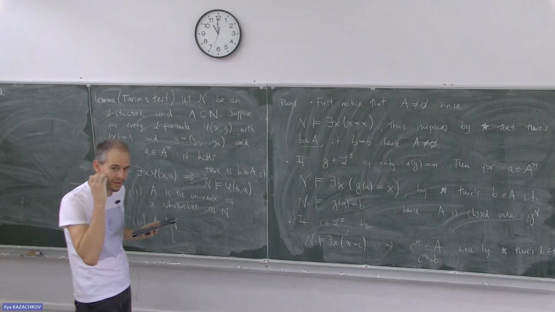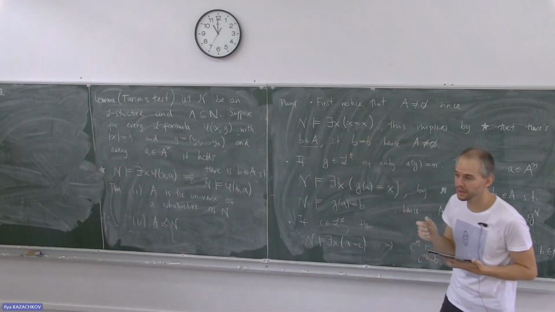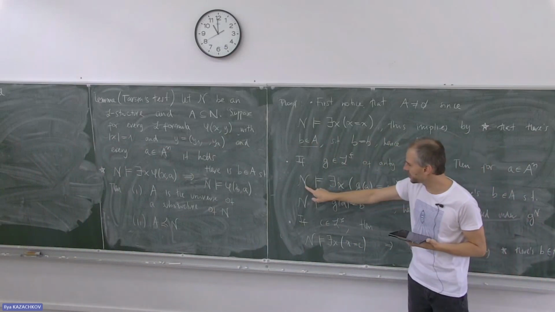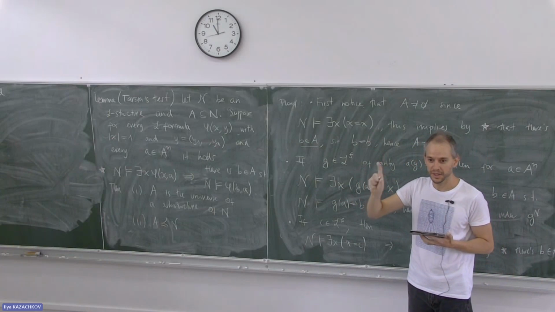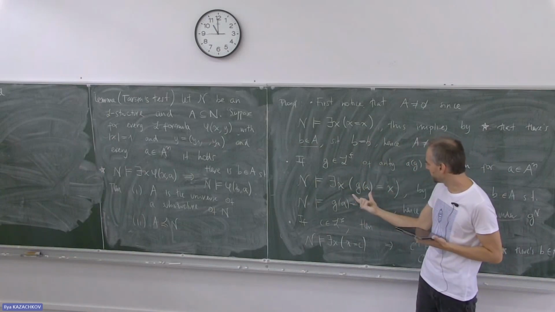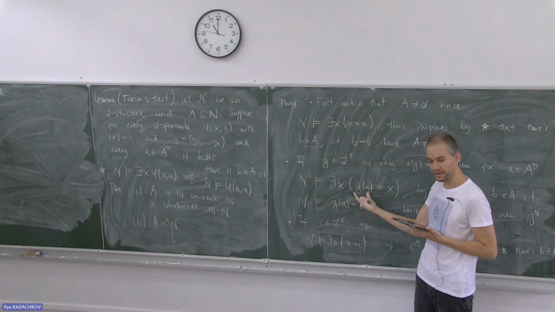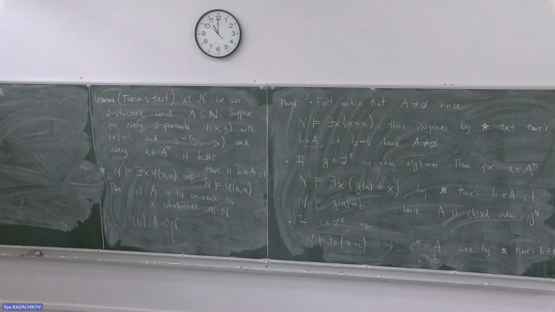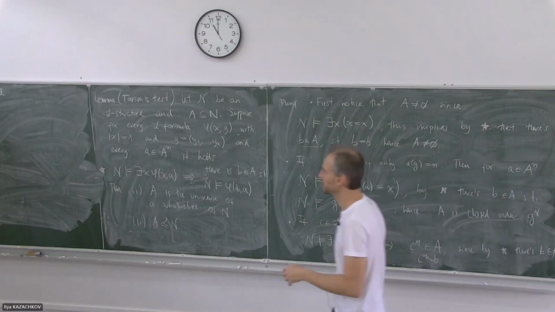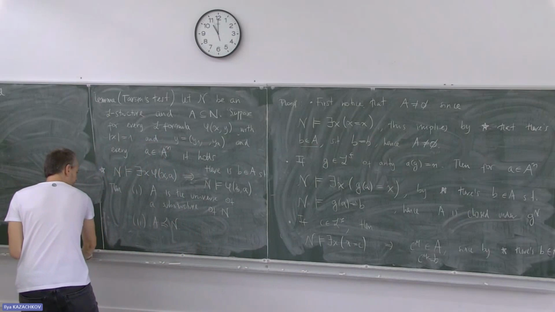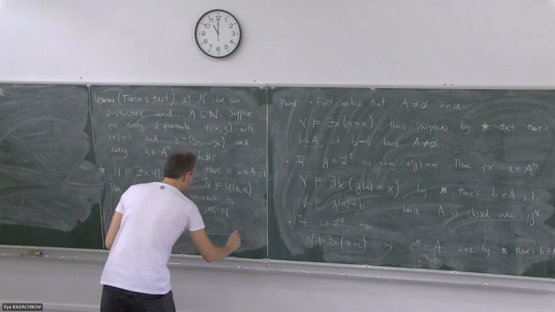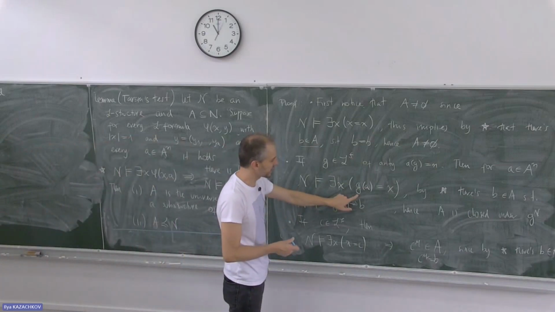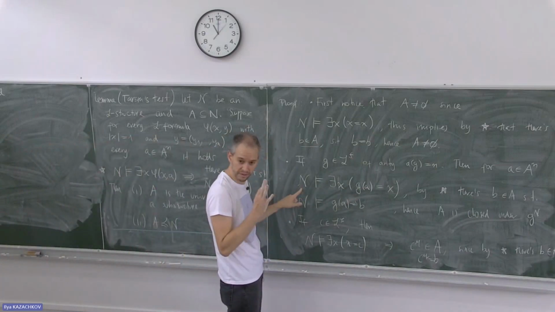Yes. Why do we know that N satisfies there exists x such that G of A equals x? Because this is already an L structure. This is a good question. For sure, for every element, if you're an L structure, you know that this does define a function on N, because N is an L structure.